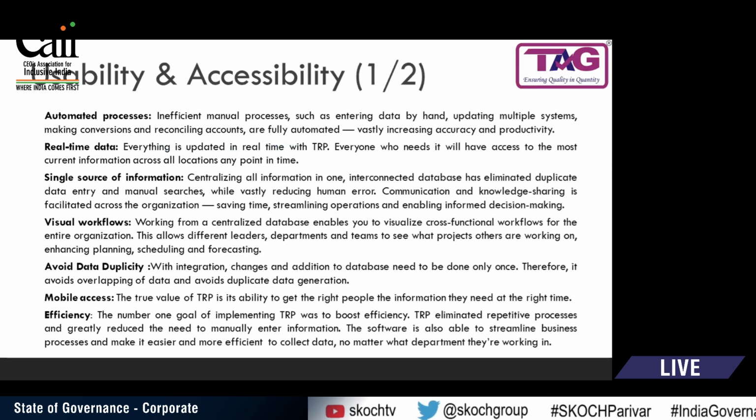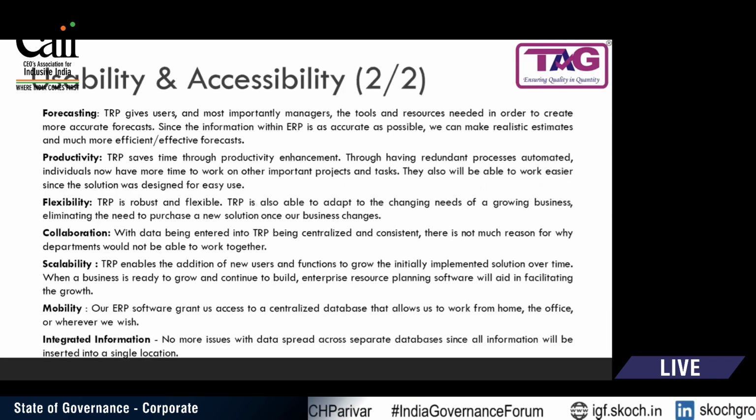It cannot be duplicated. It creates a workflow which is very visual and very smooth, which gives our entire department and leaders real-time information, and they can plan and schedule all the work in a very efficient way. It can be accessed through mobile also, and from anywhere in India.